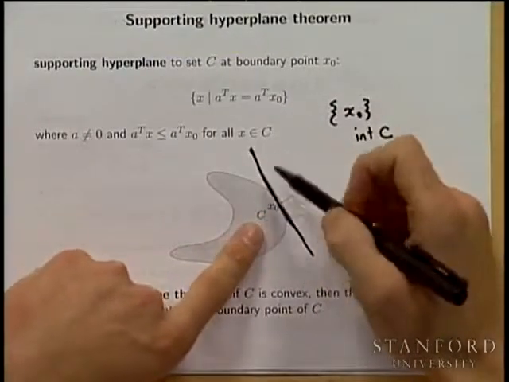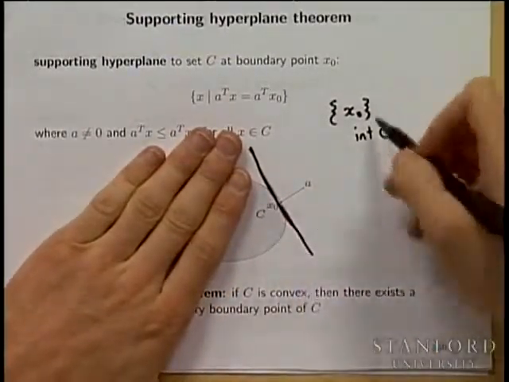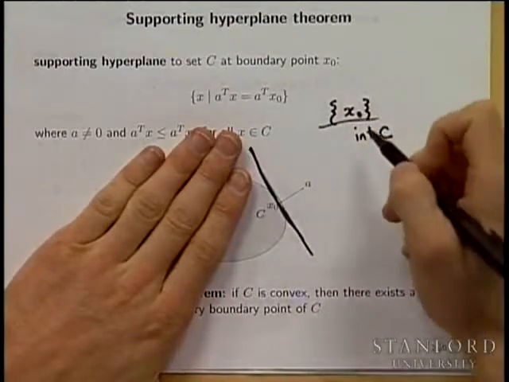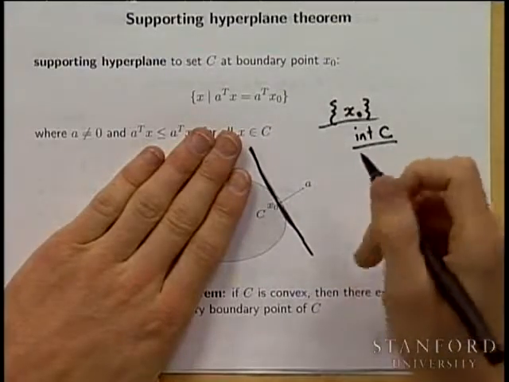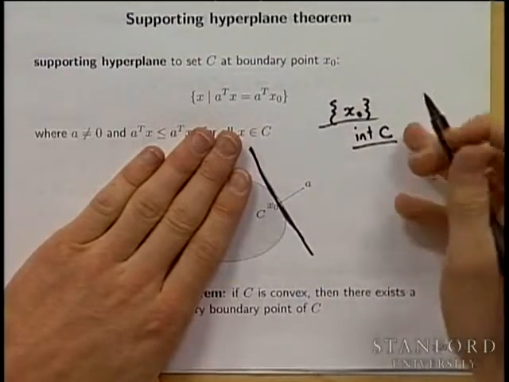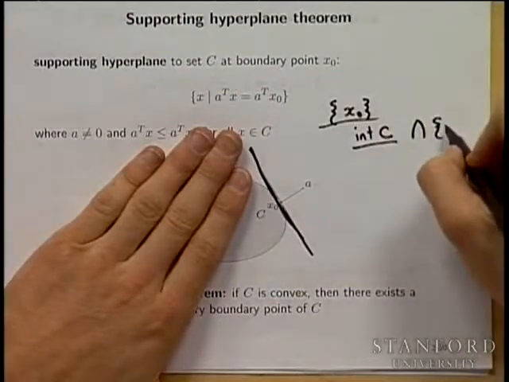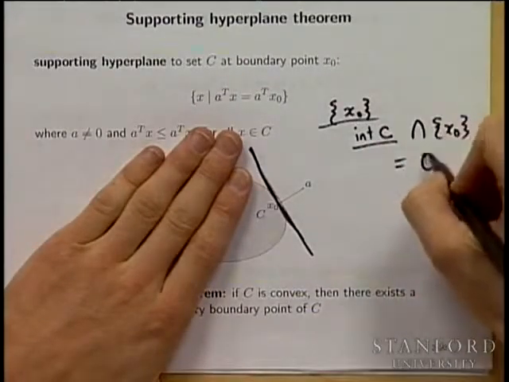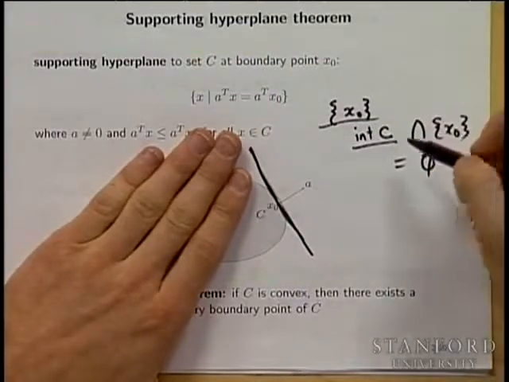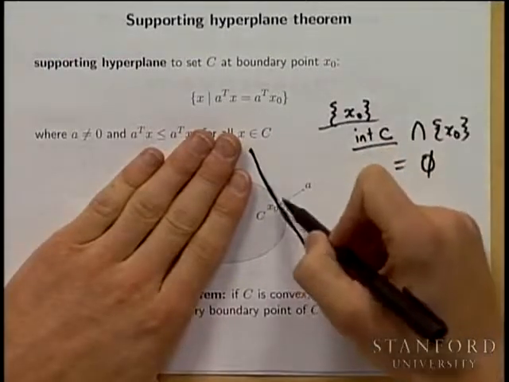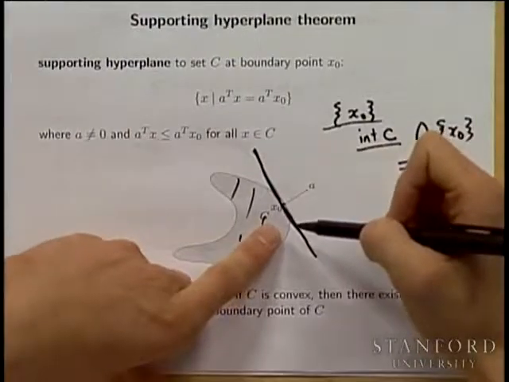So we take a convex set C, we'll assume that it's convex by just looking at this part of it, and we'll say that x0 is one set, and it's convex because it's just a single point. And then the interior of C is a convex set if C is convex, okay? So interior of C and x0 do not intersect if x0 is on the boundary. And then we can find a separating hyperplane between x0 and the interior of the set. And that will be a supporting hyperplane.